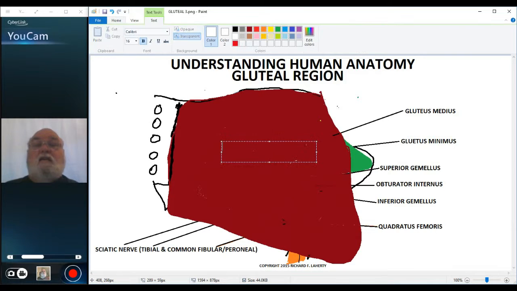And this then is the gluteus maximus muscle.